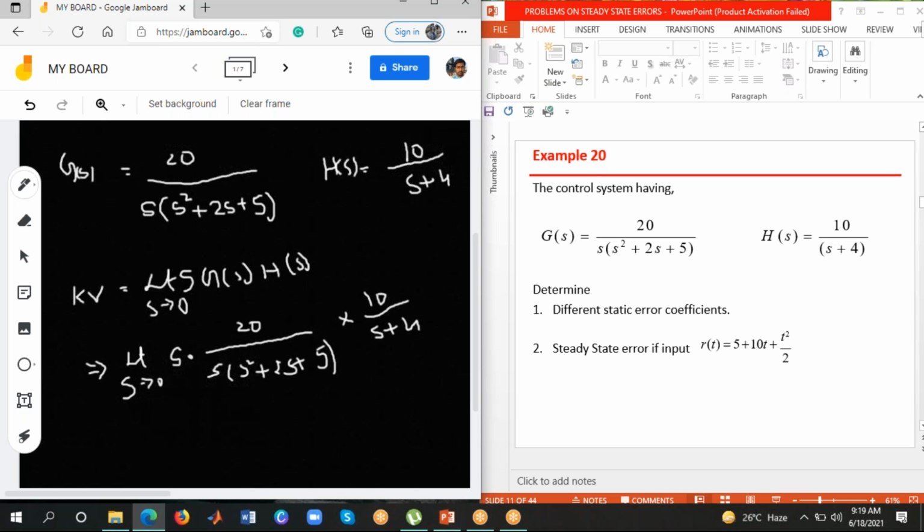What value does this give? Find the value for this. Zero.